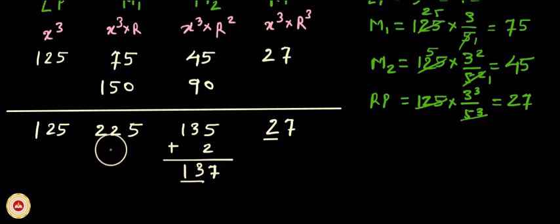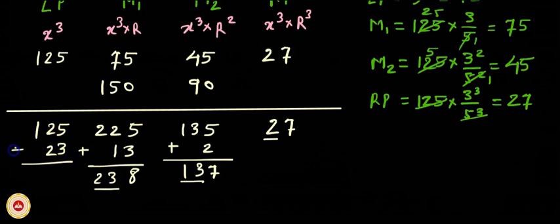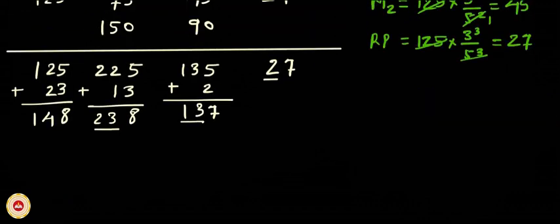So let us pass this number 13 to its immediate left part and add 8, 3, 2. Okay, that means 238. Here also we have 2 extra digits, 23. So let us pass these 2 extra digits, number 23, to its immediate left. Let us add 5 plus 3, 8, 4, 1. Okay, 148.